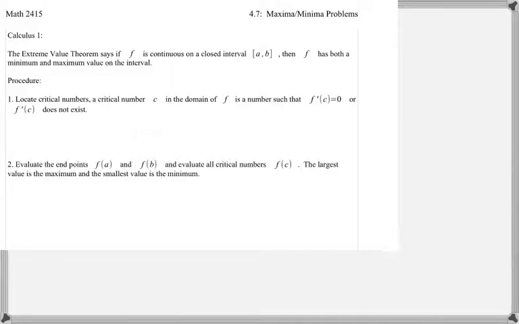So the procedure in Cal 1 was to locate the critical numbers of your function f. A critical number c in the domain of f is a number c such that f prime of c is equal to 0 or f prime of c does not exist. If f prime of c is equal to 0, then you have a horizontal tangent.